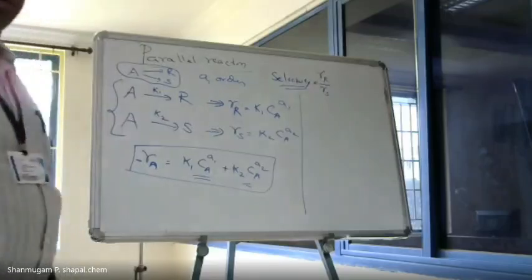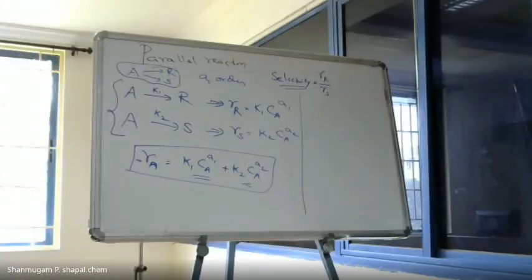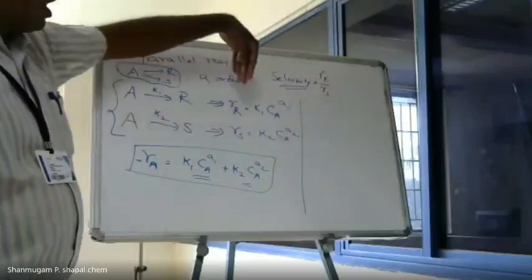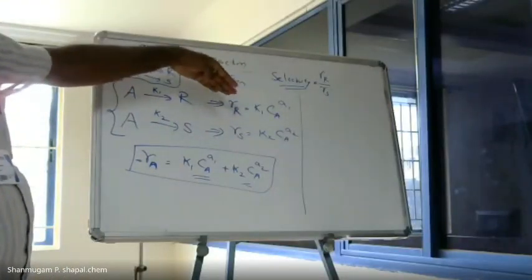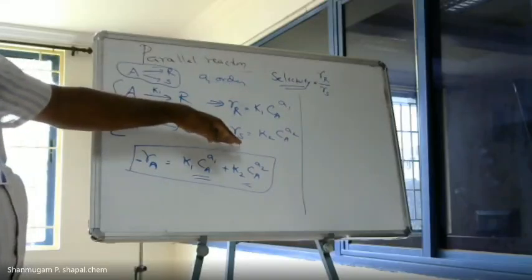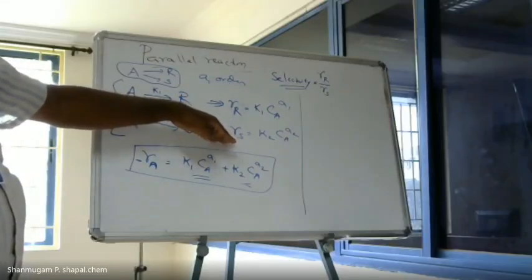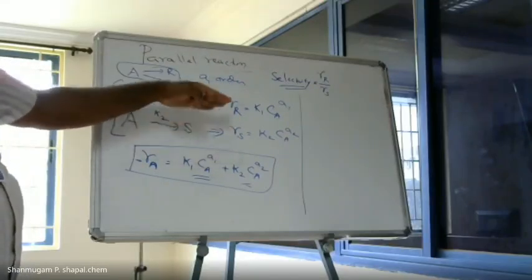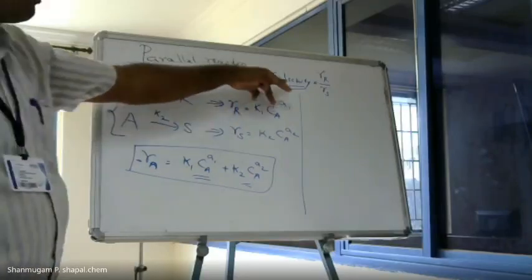The technical term is selectivity here, and this selectivity means the ratio of the desired product, we consider R is the desired product, to the undesired product, S is the undesired product here. So if you take this ratio, it is called the selectivity.